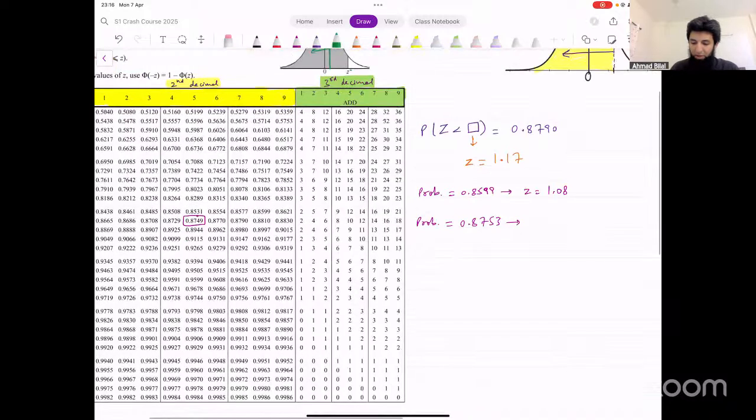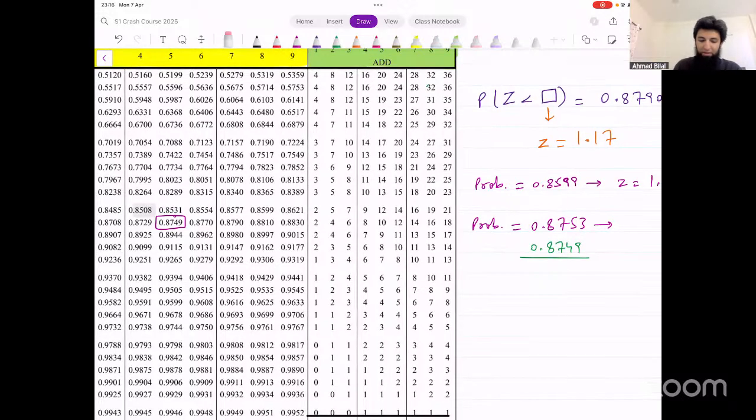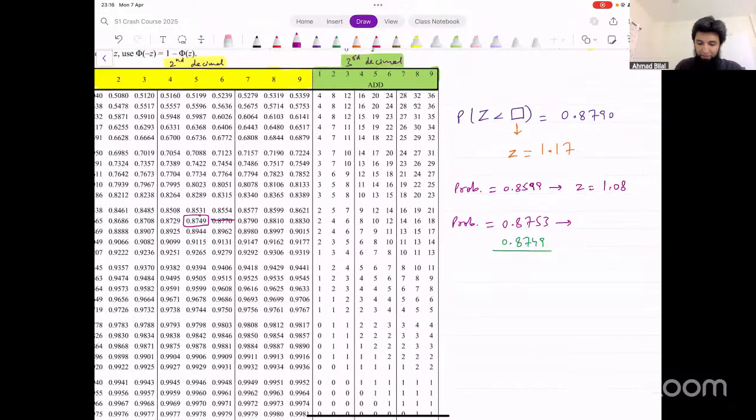That's 0.8749. Now, how much do we need to add to 8749 to get 8753? What number do we need to add at the end? 4. So what we do is we go to the right side and we see where 4 comes. This is 4. This is going to be the third decimal place for Z. What about the first and second?